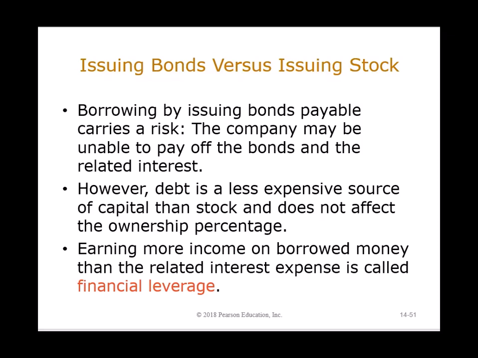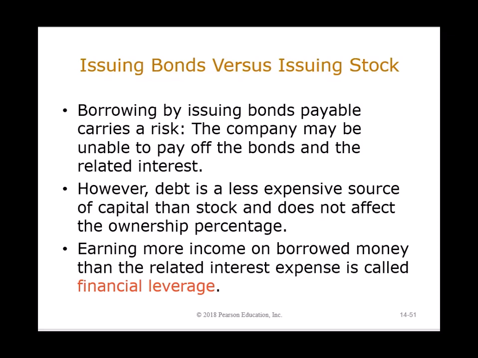However, one of the primary advantages associated with issuing bonds is that generally speaking, interest expense is tax deductible. Dividend payments to shareholders are not tax deductible because they're not considered an expense. They're considered a distribution of earnings rather than an expense. So that is one of the reasons that a company will sometimes decide to issue bonds.